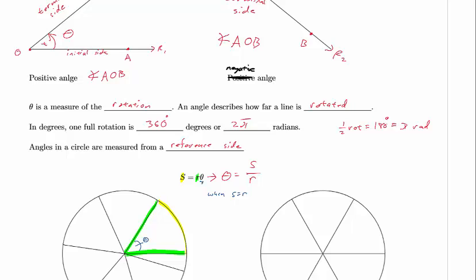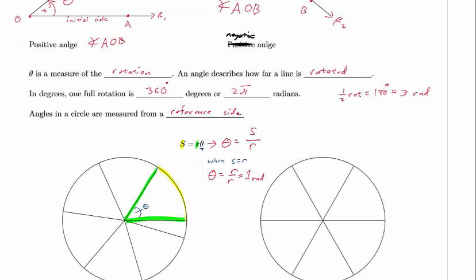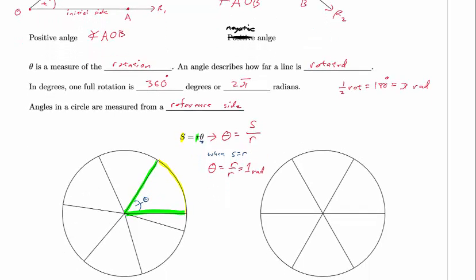Well, then the above equation becomes theta equals r divided by r which is 1 radian. And so in fact this is the definition of 1 radian. It is what happens when we are on the circle, and the arc length is the same as the radius. So when we look back at this picture here, note that the radius is the arc length. Right, these are all the same, so therefore this is 1 radian.